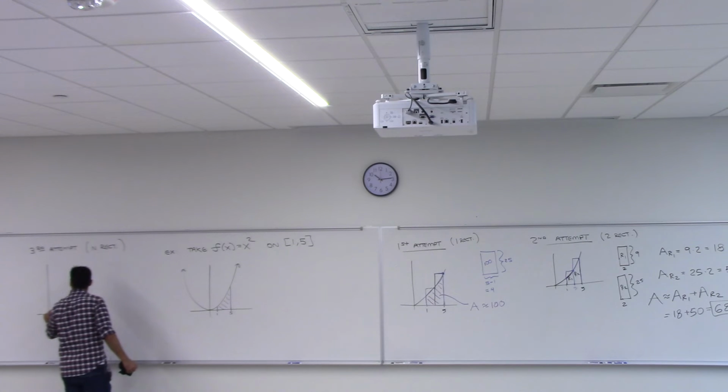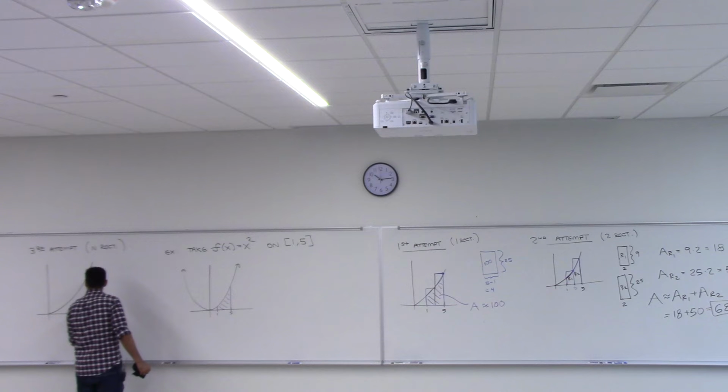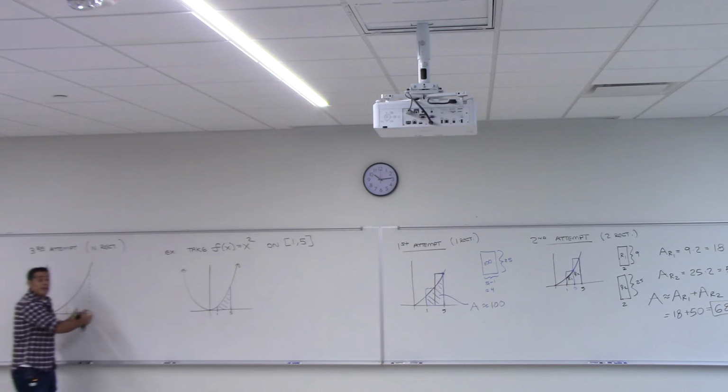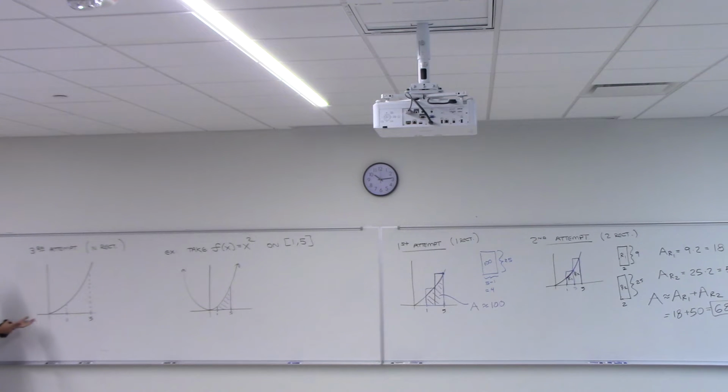Here's my graph. Here's 1. Here's 5. There's n rectangles in here. There's n of them. You can't really tell me how wide they are yet, but imagine there's a bunch of them in here.